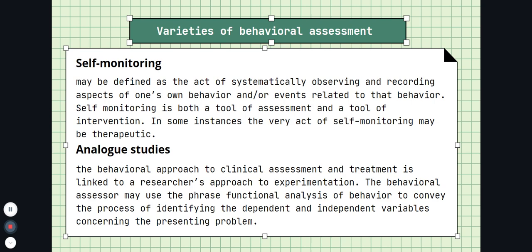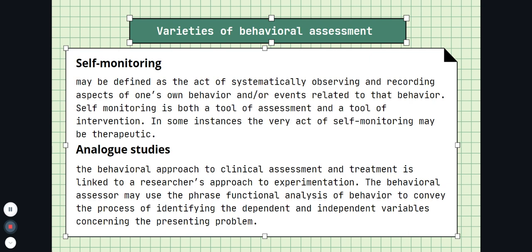You can actually help yourself to have the intervention, because you monitored it and it seems your smoking is excessive. So you can have an intervention for that based on the self-monitoring that you have.